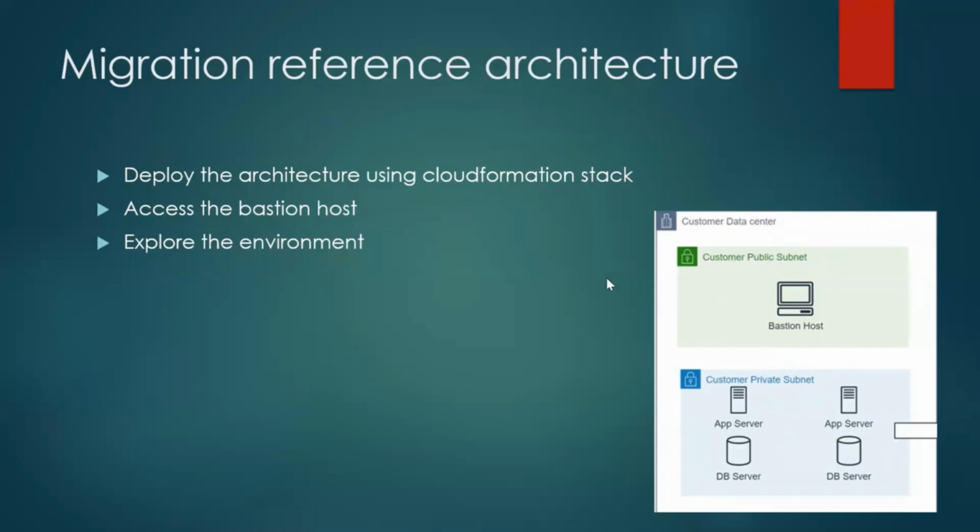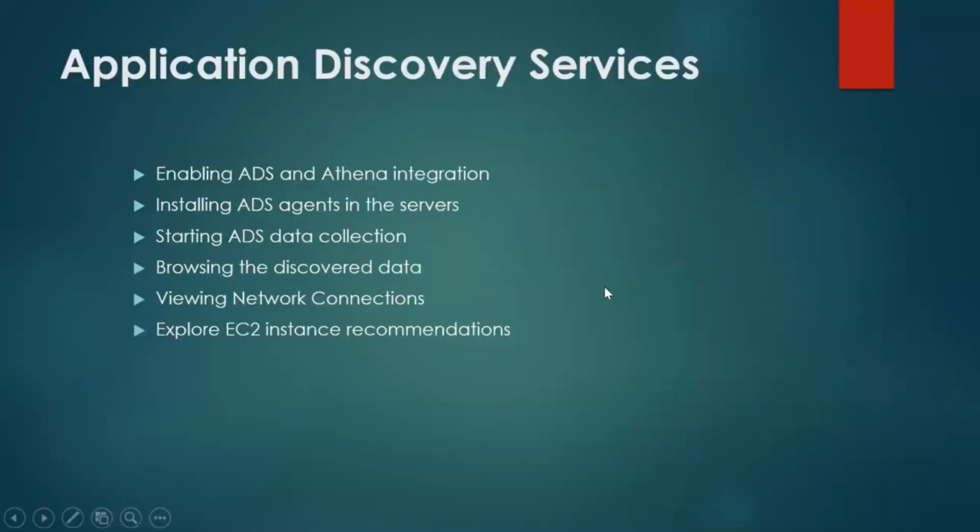Moving forward, first, as I discussed before, I'll be using Application Discovery Service. We will install the agents on the servers and enable ADS and Athena integration, so that all the data collected using ADS can be analyzed in Athena. Then we will install the ADS agents in the servers and start collecting the data.